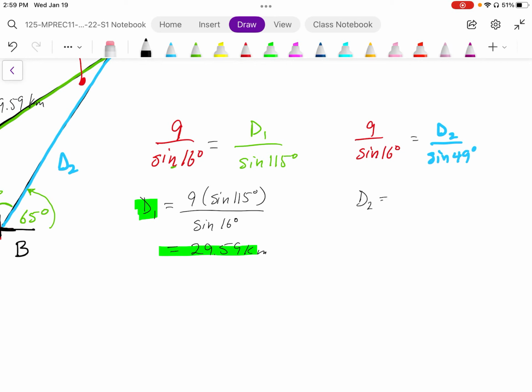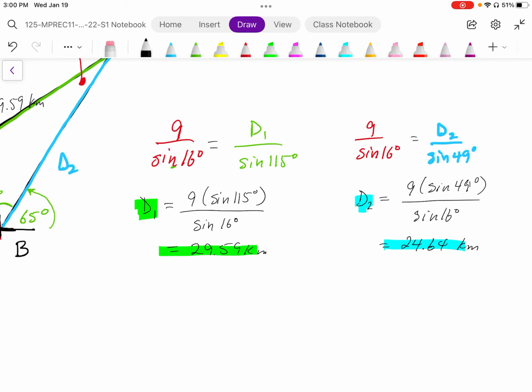So D2 is equal to 9 sine of 49 degrees over sine 16 degrees, and putting that into my calculator, I end up with 24.64 kilometers. Okay, so that's my D2 length.